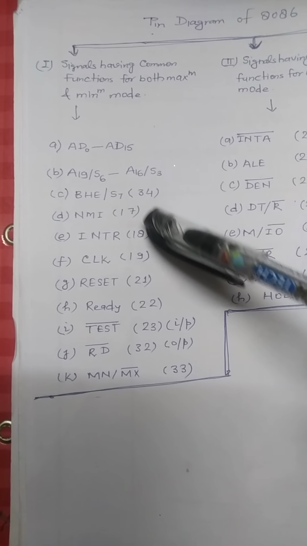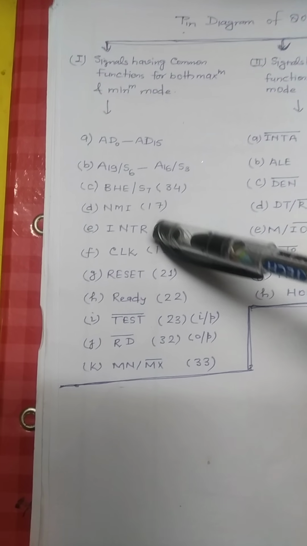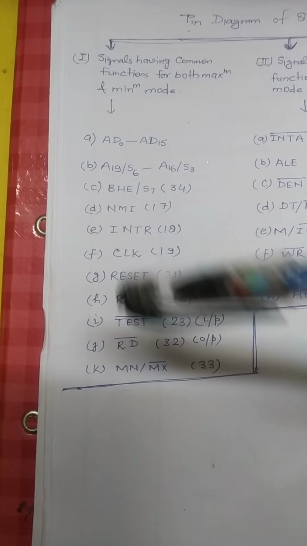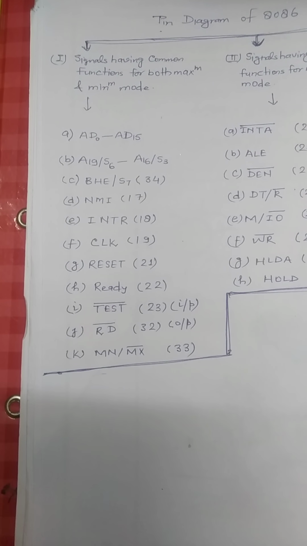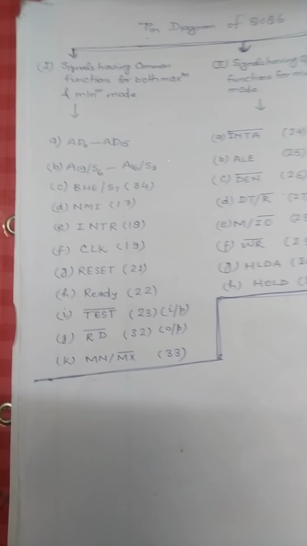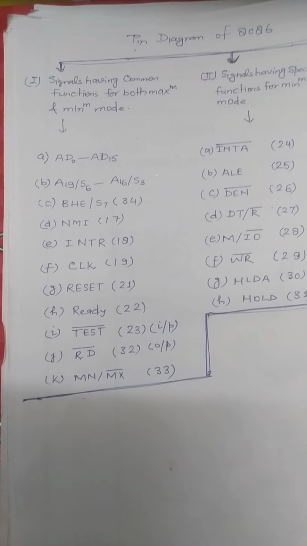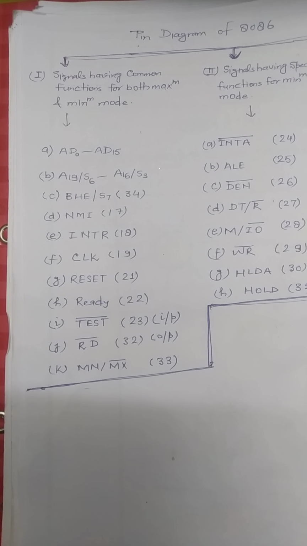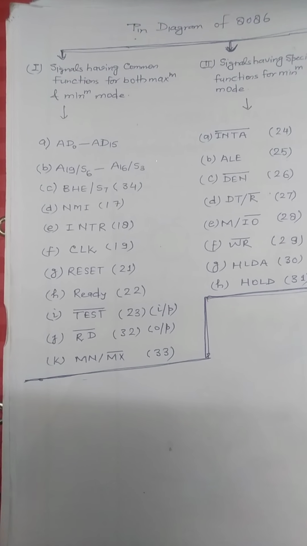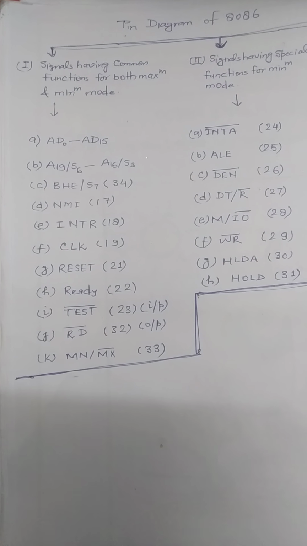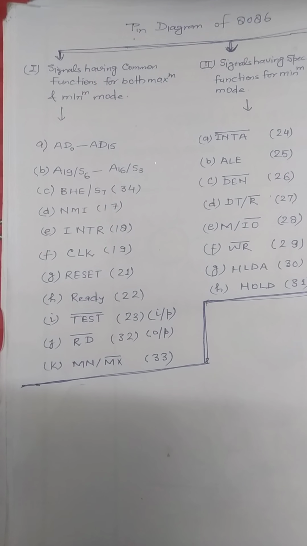In common mode, these are the signals which can be used. First is AD0 to AD15. AD0 to AD15 are multiplexed address and data lines. In the first machine cycle, these lines are used as address bus, and after that they are used as data bus. It is quite similar to 8085.